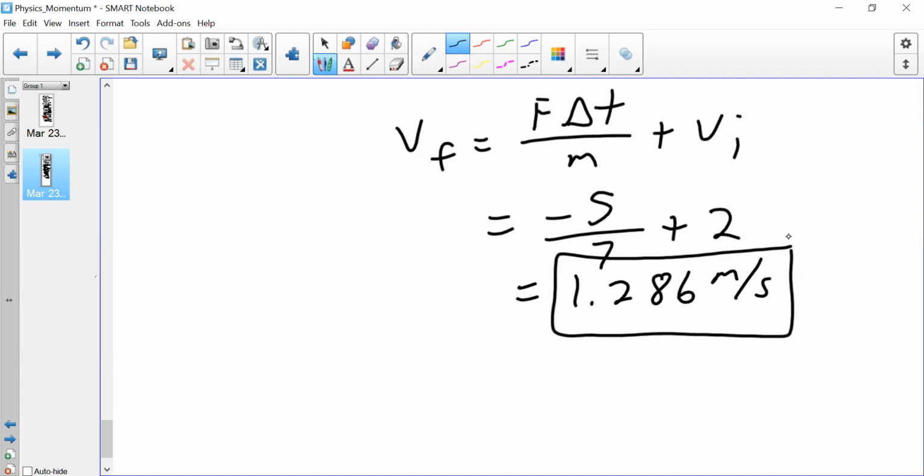So if you're going to the right and you start slowing down, what could be the force causing you to slow down? Air resistance. Air resistance or friction. Air resistance is a form of friction. Yes, indeed. Friction. Yes, Ramiro.